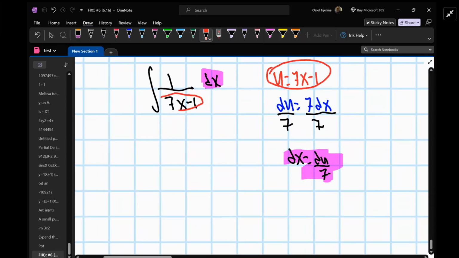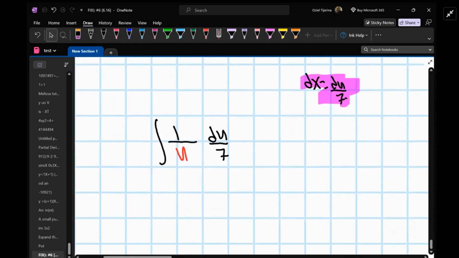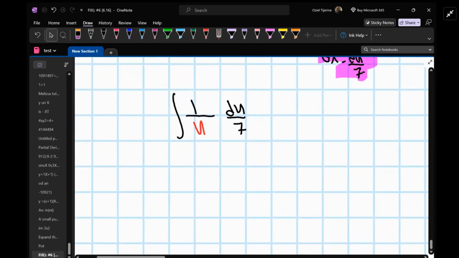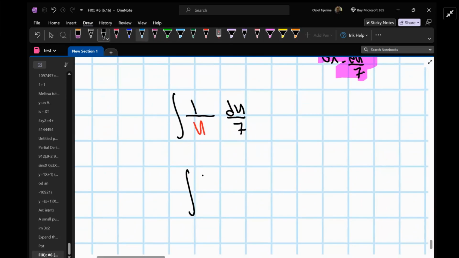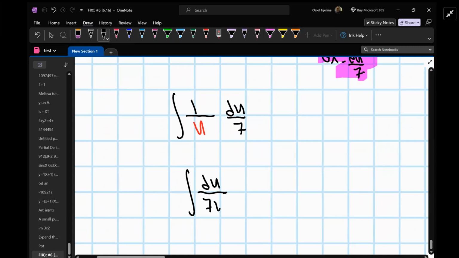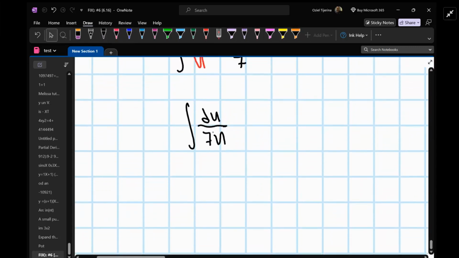So we have the integral of 1 over u, and then du over 7. Now we need to integrate this. It's the integral of du over 7u, and we can take 1 over 7 out of this.